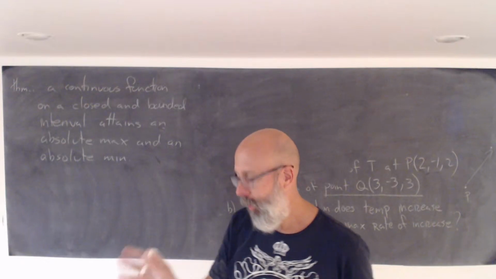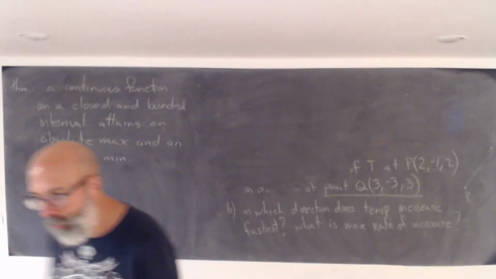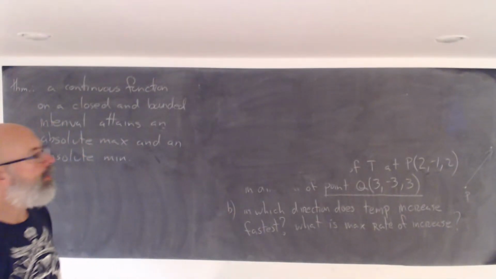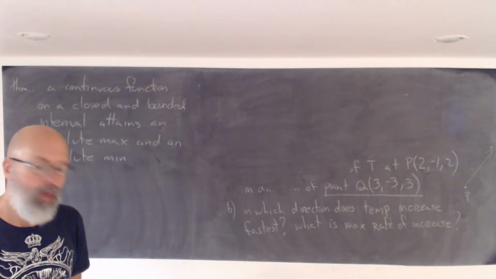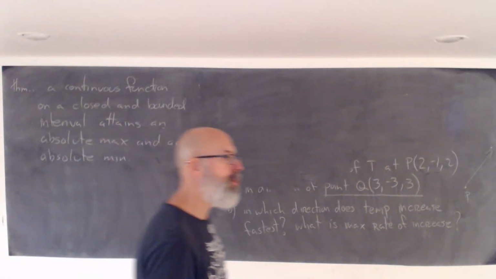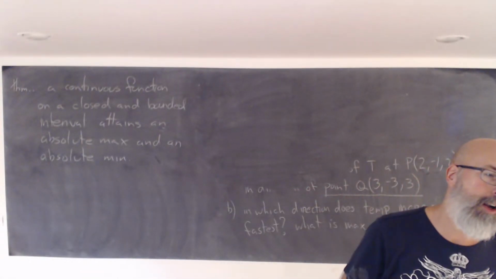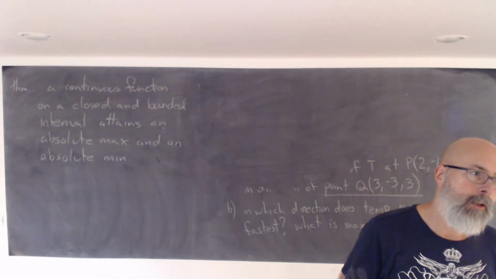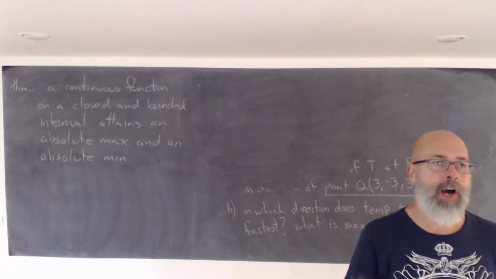Actually, we'll relax that to local, but no. You're thinking ahead to when we introduced the partial derivative, and you're thinking to yourself, could it be maximum in one variable but not in the other?